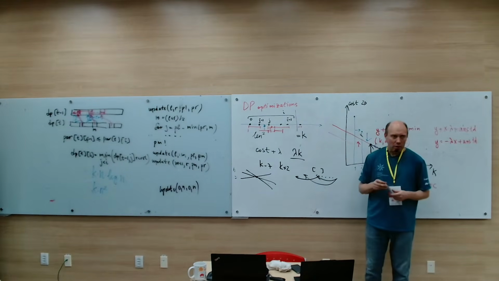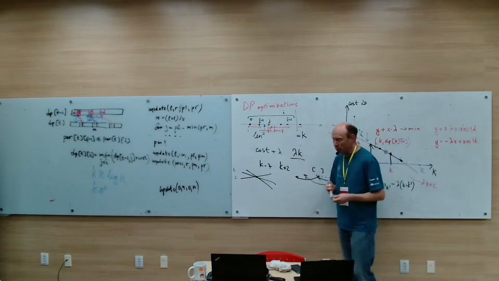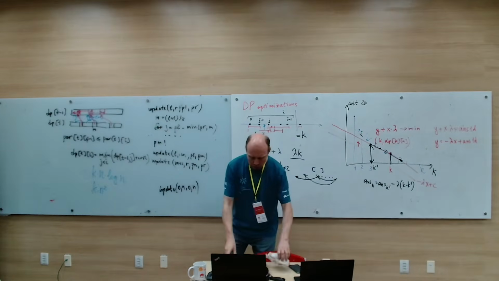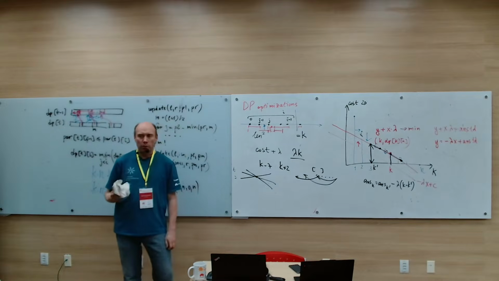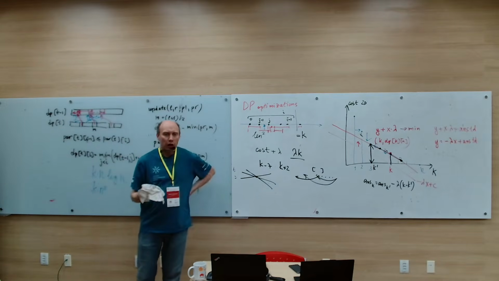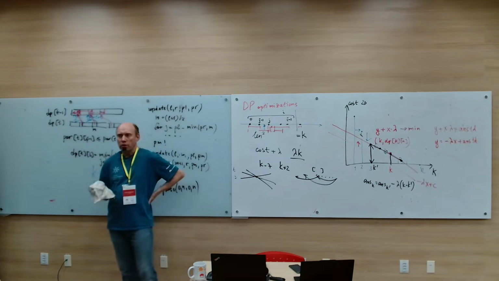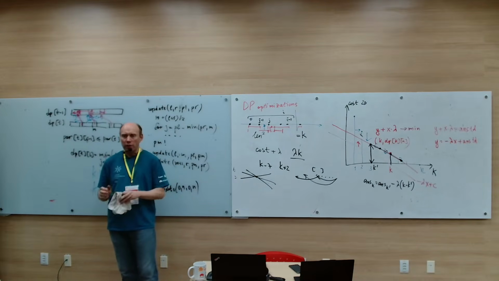Okay, the last one for today is going to be the so-called Knuth optimization. This is another variation of monotonicity of the cutting point, but for an alternative setup.